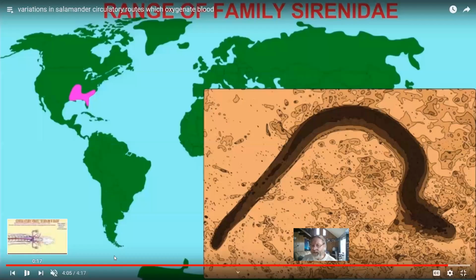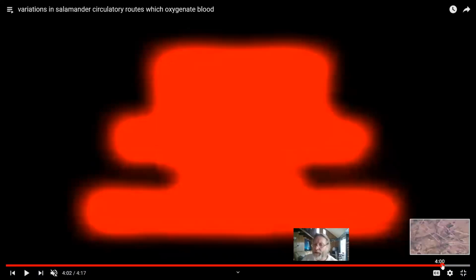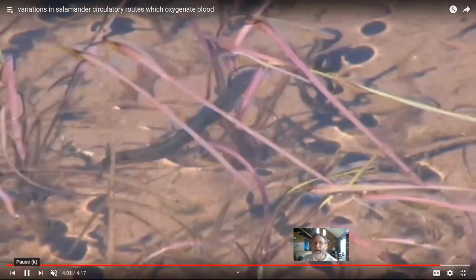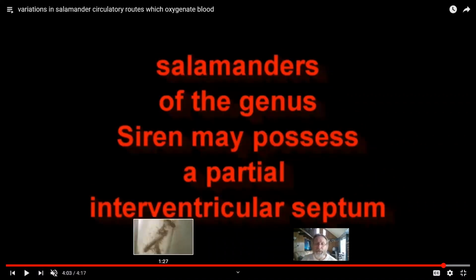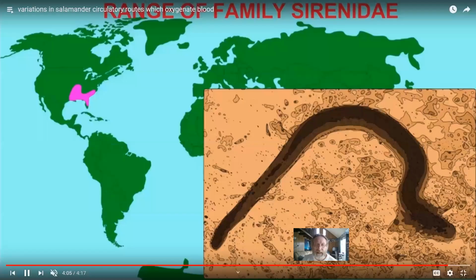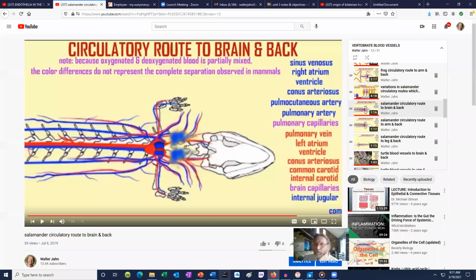And so once again, I'll make a big deal about splitting the ventricles in the reptiles, which have a partial interventricular septum, and in the birds and mammals, which have a complete interventricular septum. But there is actually a group of salamanders, the sirens, which have a partial interventricular septum, which is more advanced than the situation you would find in most salamanders.